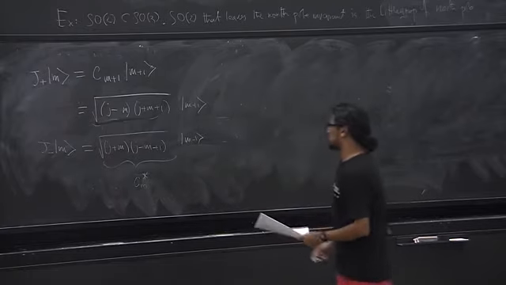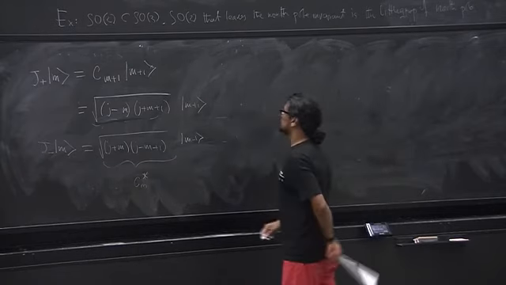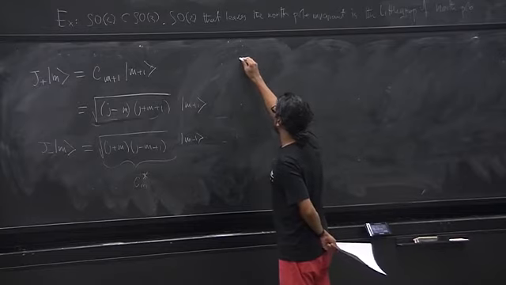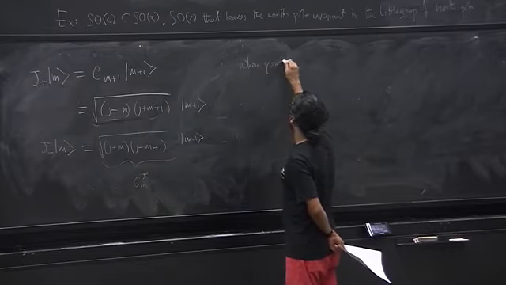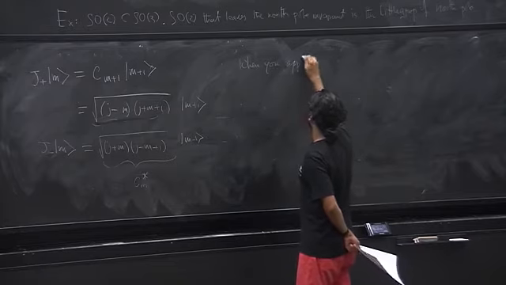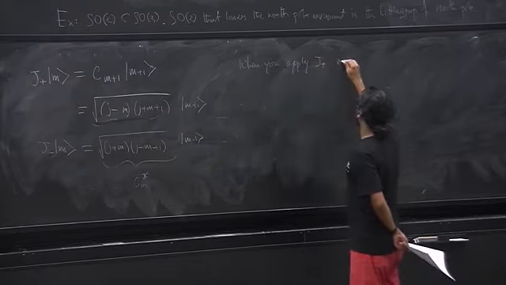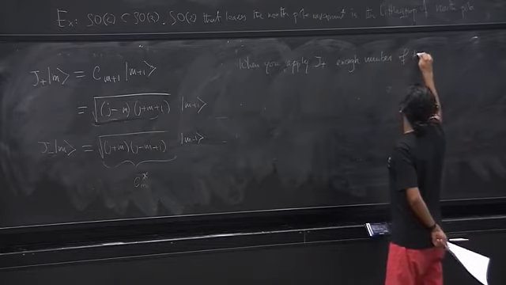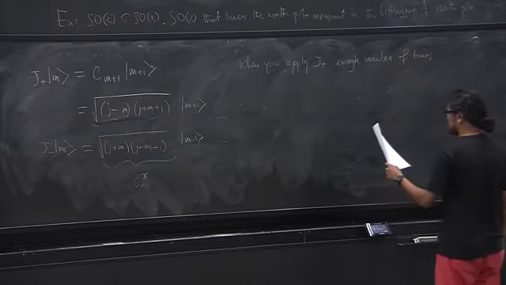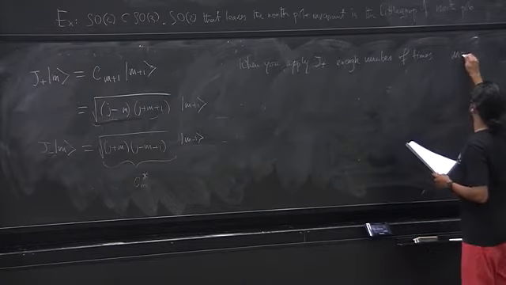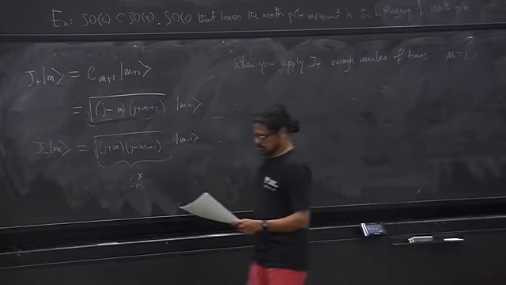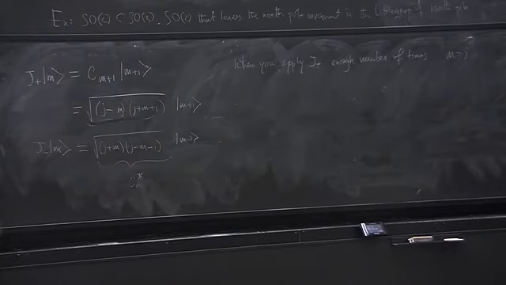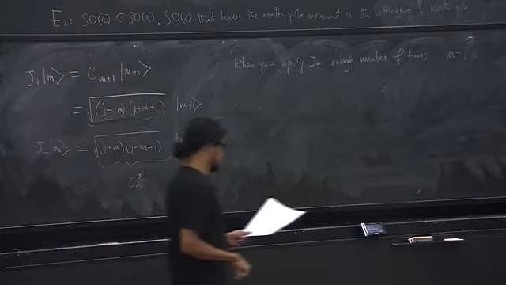So from the coefficient, we see that when you go up, when you apply J plus enough number of times, you get m equals j.